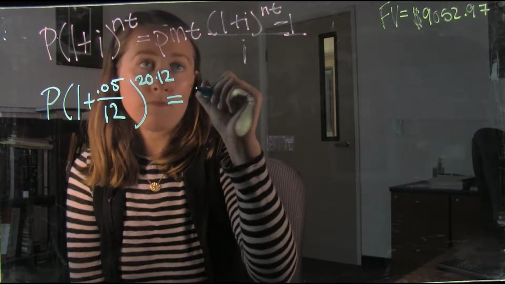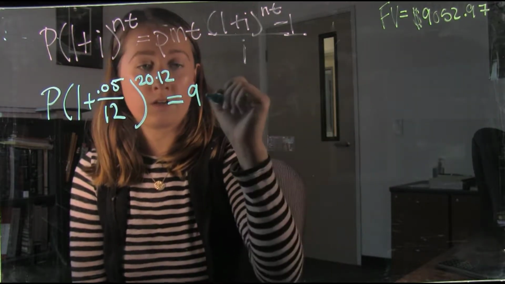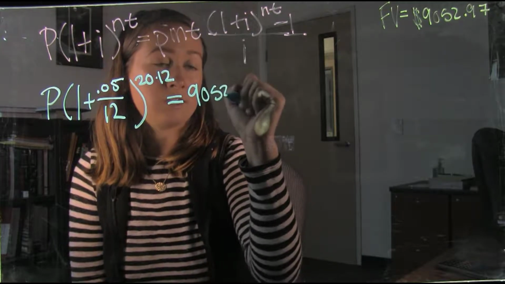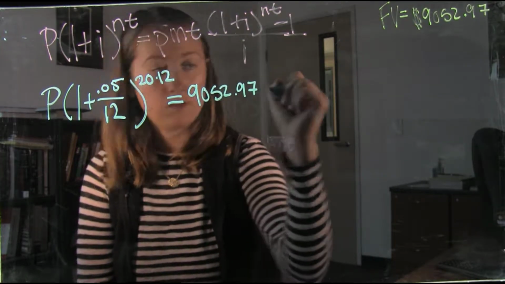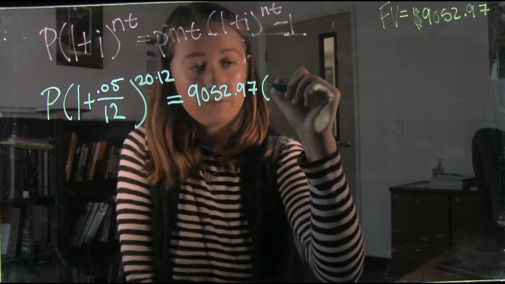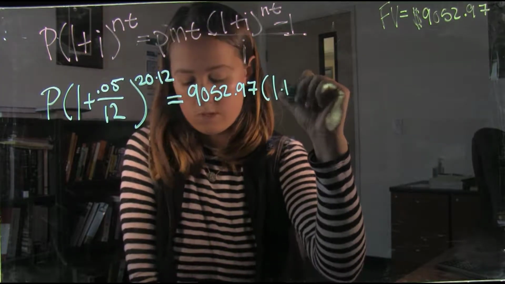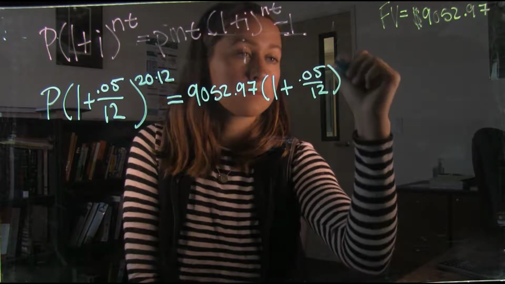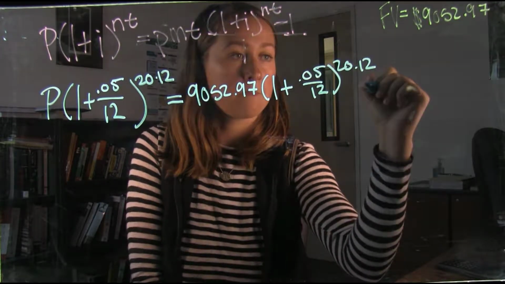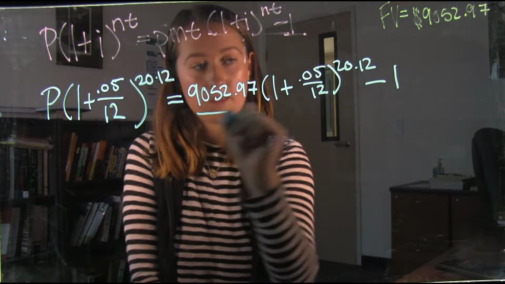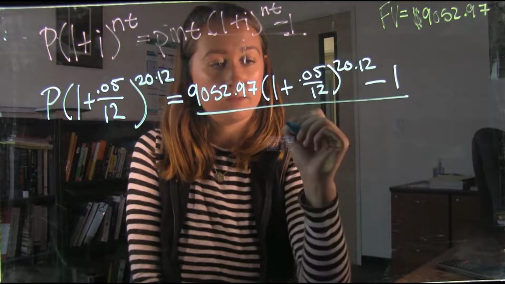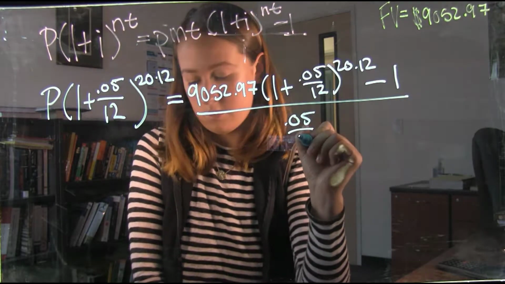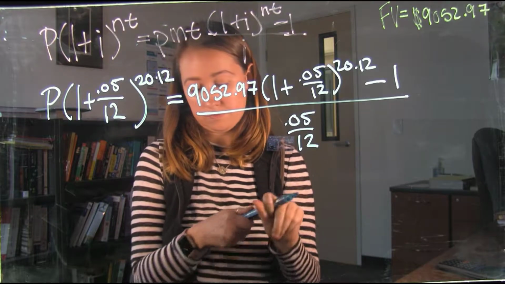equals our future value back over here, 9,052.97 times quantity 1 plus the I again for the same amount of time, minus 1, all over the I again, which is 0.05 over 12.